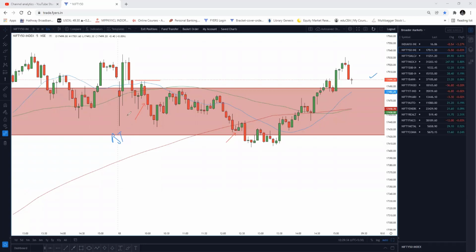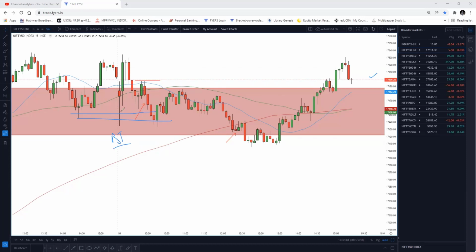So bottoming tail bar, and if you've been watching my videos continuously, I have shared that a bottoming tail means they are sort of creating a support zone, because when this bar was under formation, there was a time when prices were below here, and it was a complete red candle. But then buyers stepped up and took prices all the way up, making it a bottoming tail or a BT, right?